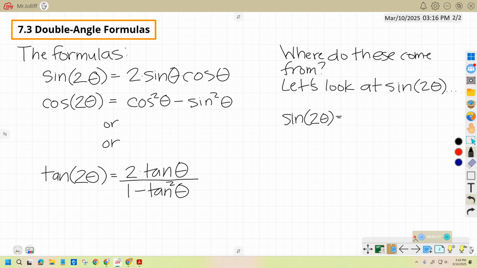X plus x is 2x. X plus x plus x is 3x, right? The number in front tells me how many of those things I added together. So if I have 2 theta, that's telling me I must have added 2 thetas together, theta plus theta. So I can rewrite this as sine of theta plus theta.